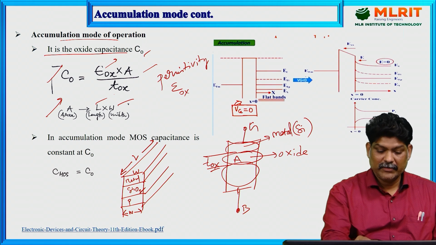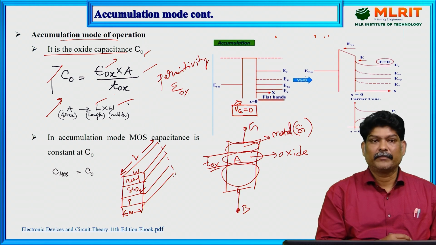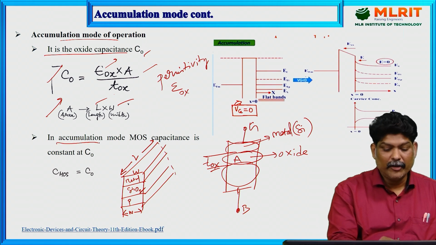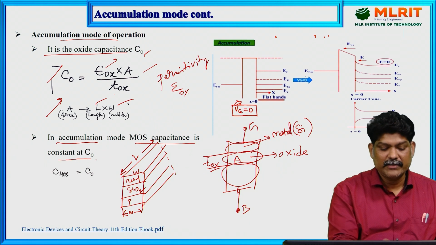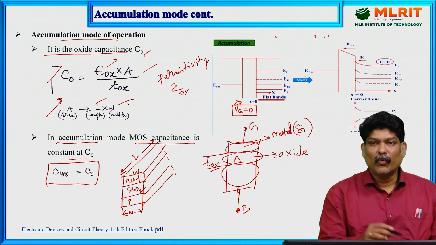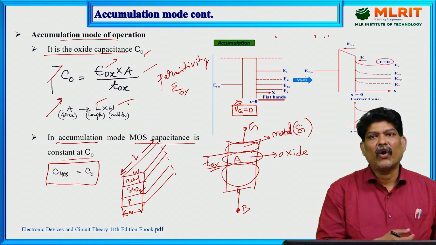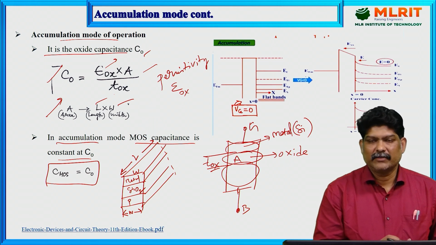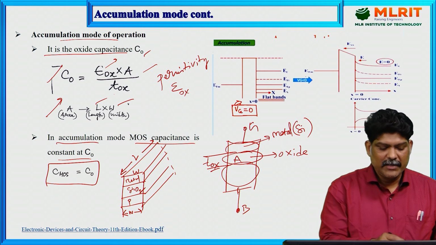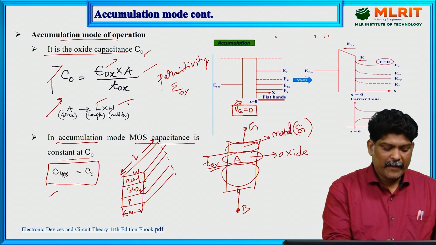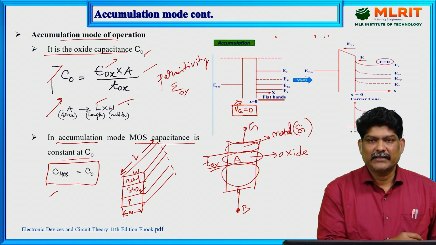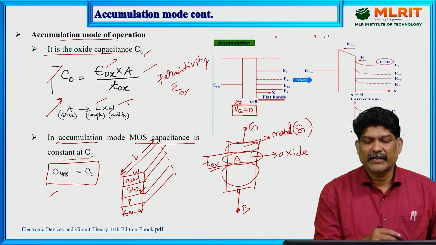So this is one kind of MOS capacitor. In accumulation mode, the MOS capacitance is constant at C0, so the overall MOS capacitance is almost equal to the oxide capacitance. That is, Cmax, the capacitance of the MOS capacitor, equals the oxide capacitance.